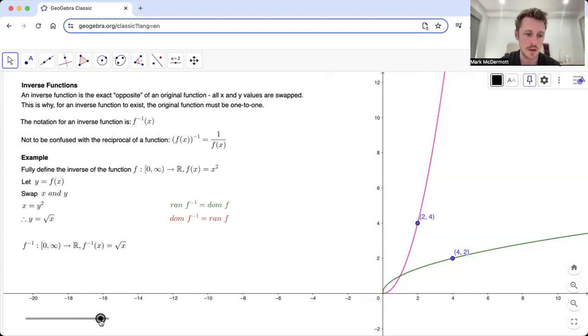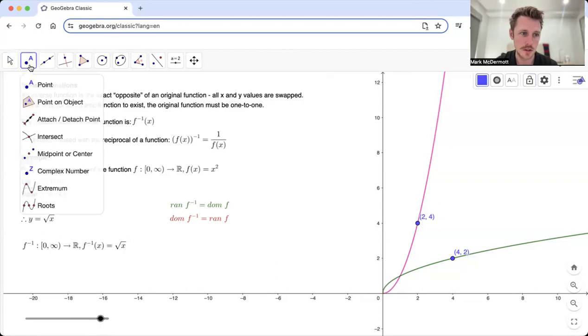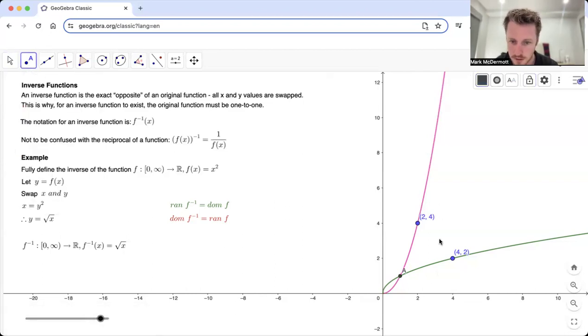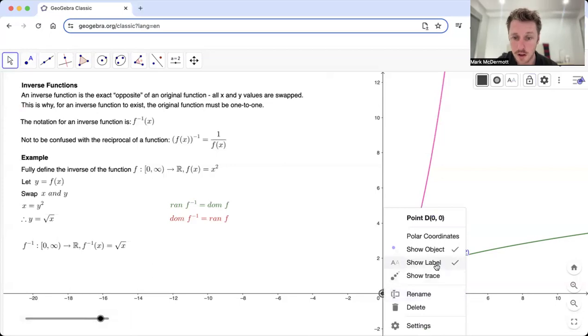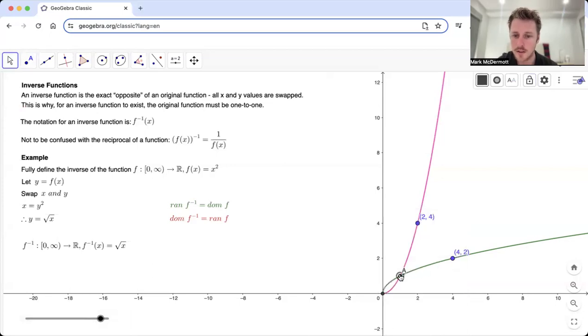Okay, and what other interesting thing you'll notice are there's some interesting points here. If I put a point at the intersection there, and obviously it's 0, 0, what's quite unique about these points is that they intersect on the line, and I encourage you to think about what line that they intersect on.